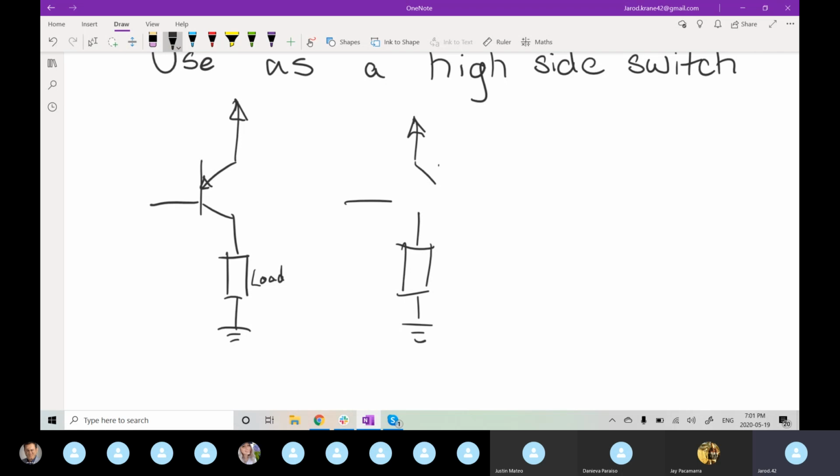Questions on any of this? Makes sense how we have to see a negative voltage. Understand why we wouldn't be using the PNP as a low side.